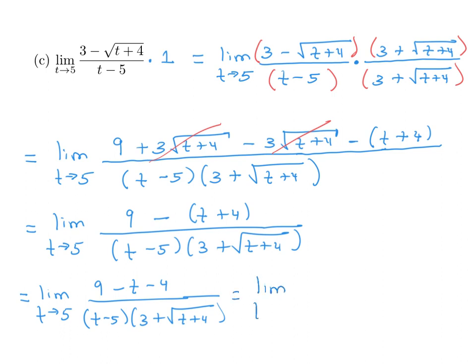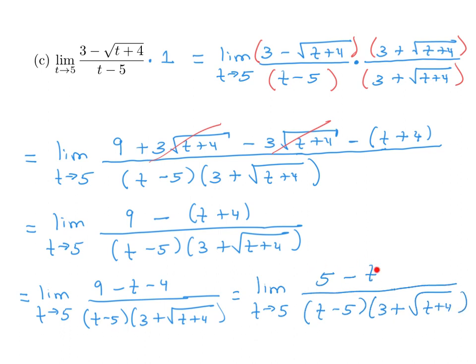This is the limit as t goes to 5 of (5 minus t) divided by (t minus 5) times (3 plus the square root of t plus 4). Now, it'd be great if this factor completely canceled with this factor, but they're not exactly the same. For emphasis, I'll put some parentheses around it. The thing to point out is, which I'll write above here in red, if you factor out a negative from 5 minus t, you get negative (5 plus t)... or rather, negative times (t minus 5), because if you multiply the negative back in, it'd be positive 5, then minus t.